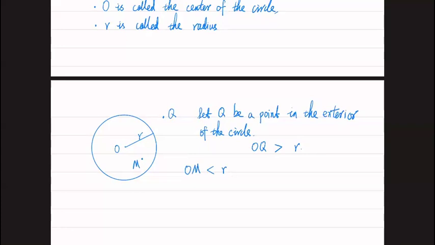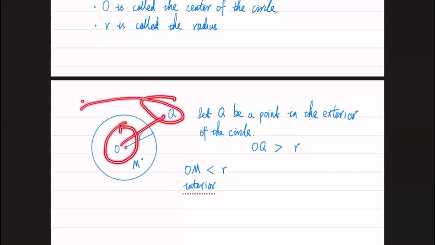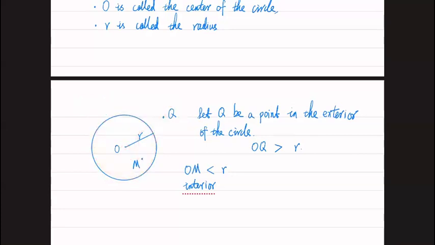Okay, so this is interior. So a circle divides the plane into three parts. Exterior, where the distance is bigger than R. Interior, where the distance is less than R. And the circle itself, where the distance equals R.